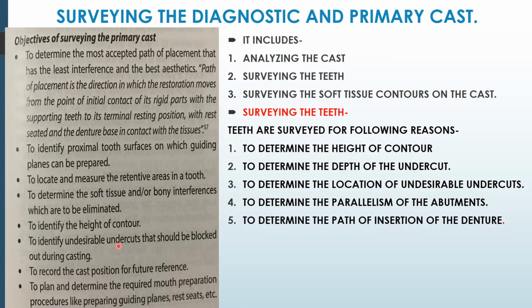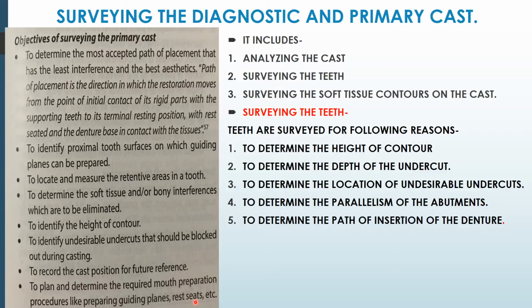Undesirable undercuts are those like soft tissue undercuts or any bony undercuts, and they should be blocked out. Because if you fabricate your denture into these undesirable undercuts, there are chances that your denture will break off. Then the next is to record the cast position for future reference and to plan and determine the required mouth preparation procedures like preparing the guiding planes, rest seats, etc. So these are the objectives why you are surveying the primary cast.